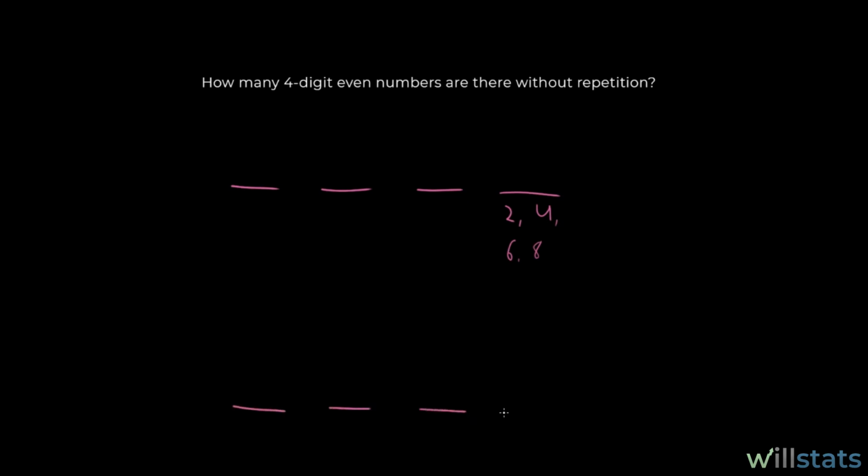For our second case, the last digit can only be 0. So I'll just write this out, case 1 and case 2. In our second case, there's only one possibility for the last digit, and that's 0. For our first case, there are 4 possibilities, 2, 4, 6, or 8.